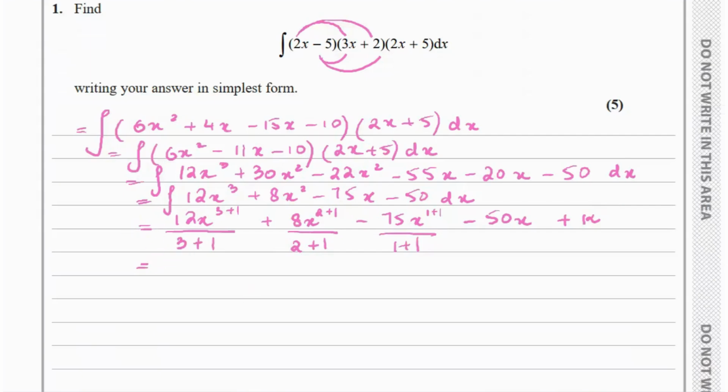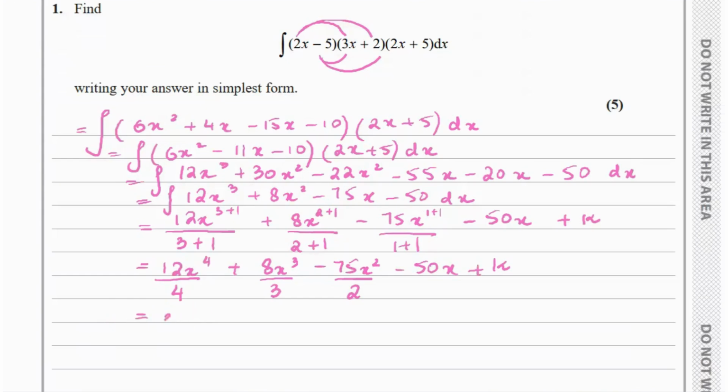So let's simplify it. 12x to the power of 4 divided by 4 plus 8x cubed divided by 3 minus 75x squared over 2 minus 50x plus k.